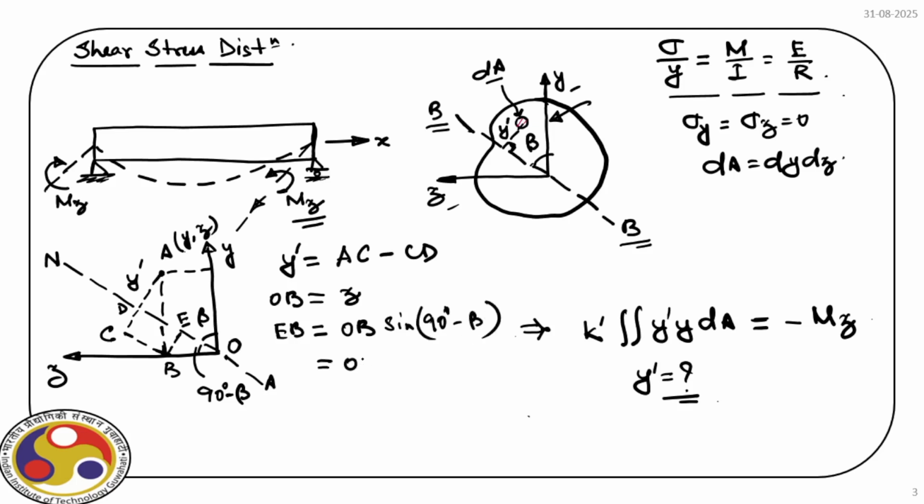Therefore, it is OB cos of beta. OB is Z, so effectively EB is Z cos of beta. So CD is equal to Z cos of beta, because CD is equal to EB.